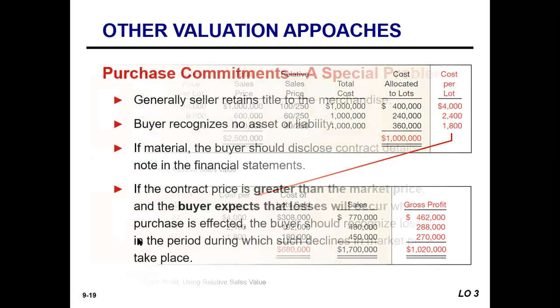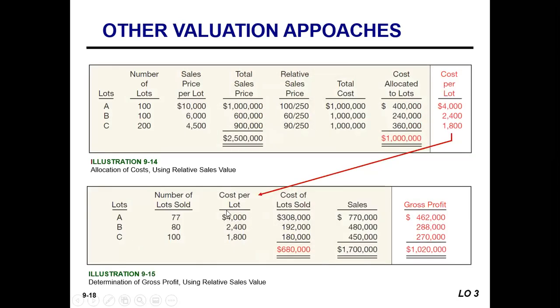And so if we look at how many of them we sold, we can multiply by that cost per lot to get the total cost of lots sold. And then we multiply it by what we're selling them for to get the total sales dollars. So sales minus cost of lots sold equals gross profit, right? We've done that calculation together before.